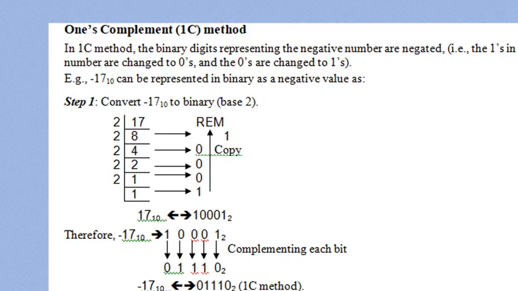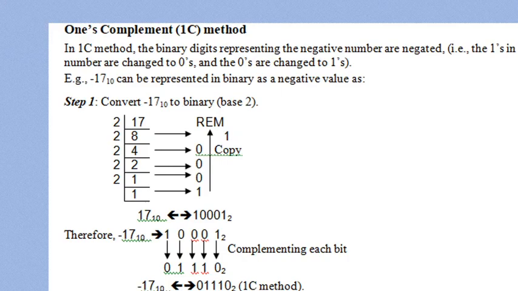Whenever you see a number with base 10, that is decimal, and therefore this is a decimal negative number here. You want to convert it to binary. Therefore, we continuously divide by 2. If the number is completely divisible by 2, you write a 0. If it's not completely divisible by 2, you write remainder 1. And therefore, our answer is 10001.